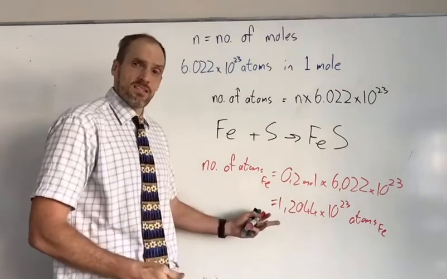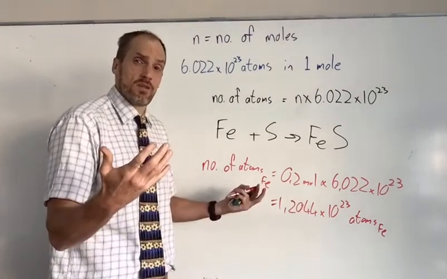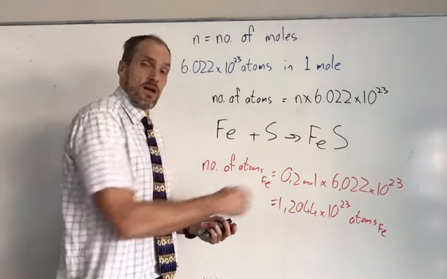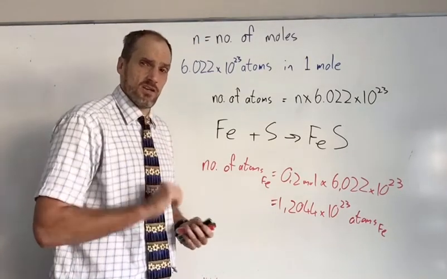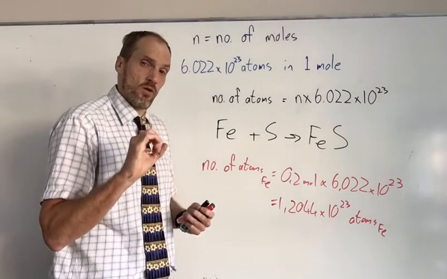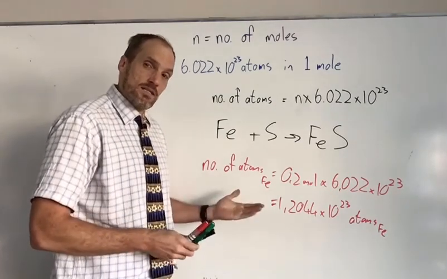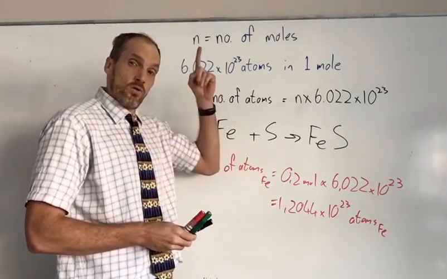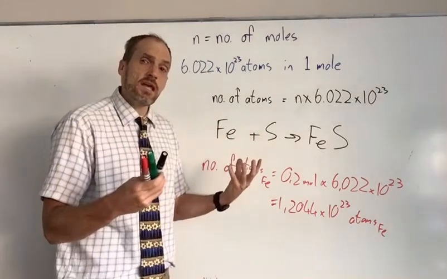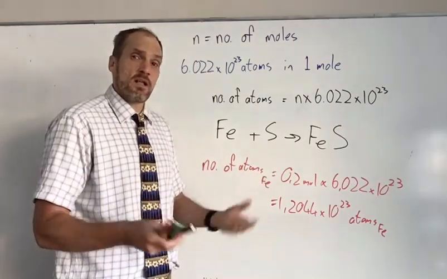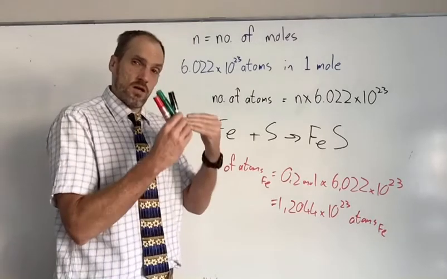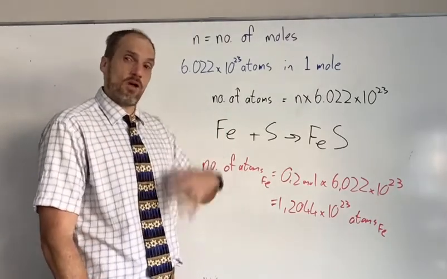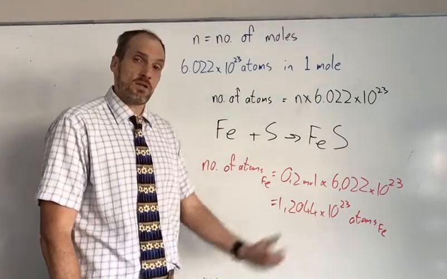Now, even that's a crazily high number of atoms to have, right? We would never try and write that number out, and that's only 0.2 of a mole, 1/5 of a mole. So that's why we tend to use the mole instead of trying to count atoms. And from knowing how many moles we have, we can derive how many atoms.